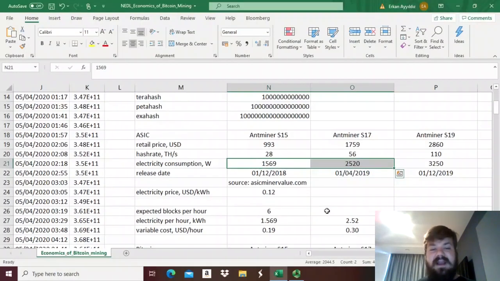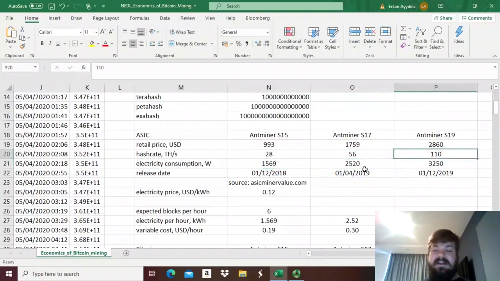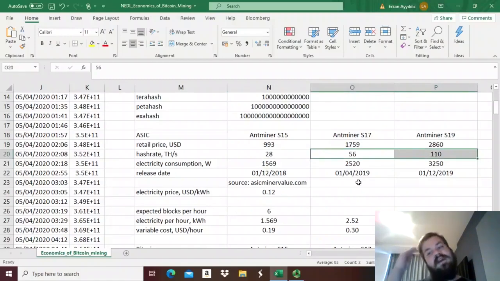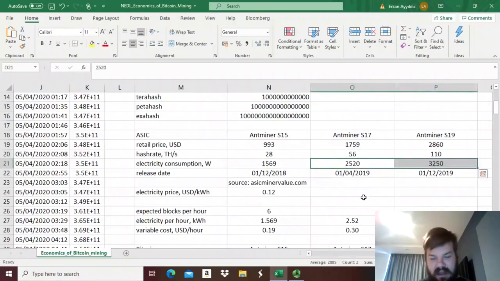So it means that ASICs become increasingly energy efficient, and that would correspond partially to ever increasing hash rates of major blockchains. When you move from Antminer S17 to Antminer S19, your hash rate also almost doubles, while your electricity consumption increases but not proportionately. So that is what corresponds to increase in energy efficiency of ASICs, and to slowly phasing out of older ASICs as more energy efficient, more profitable pieces of mining hardware become readily available.